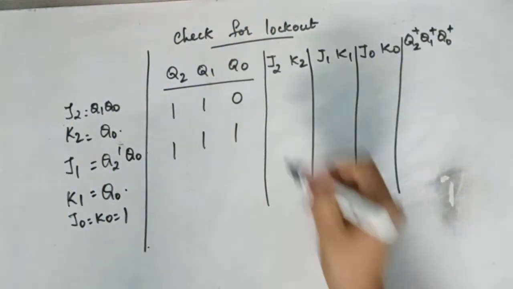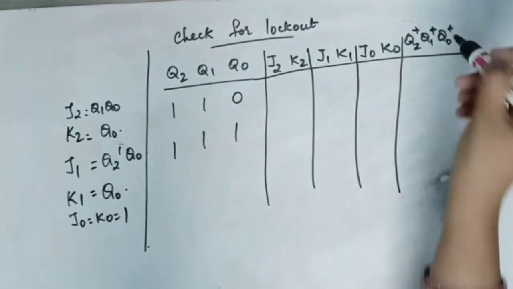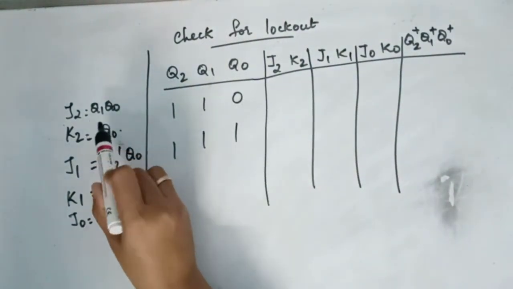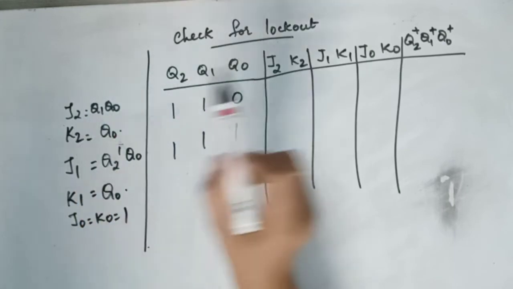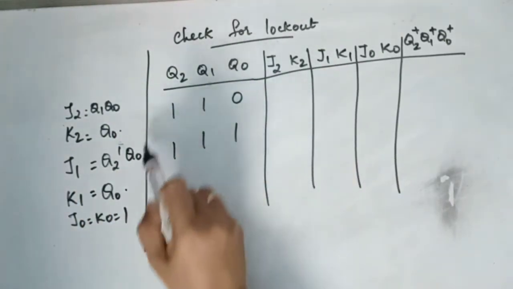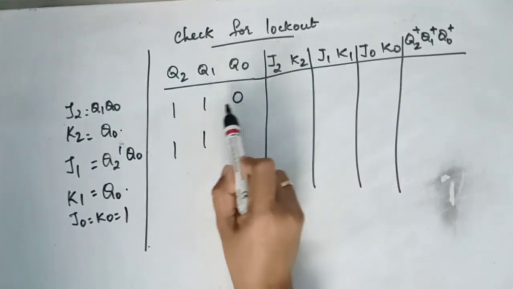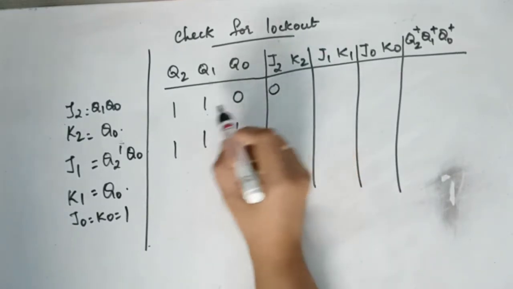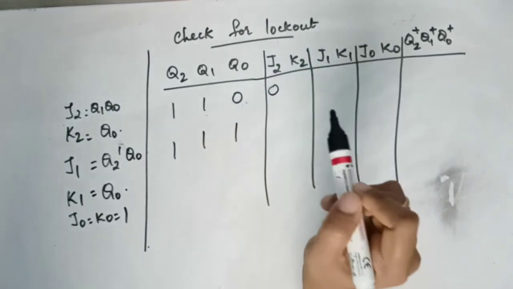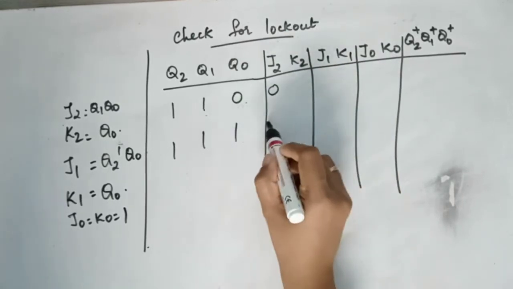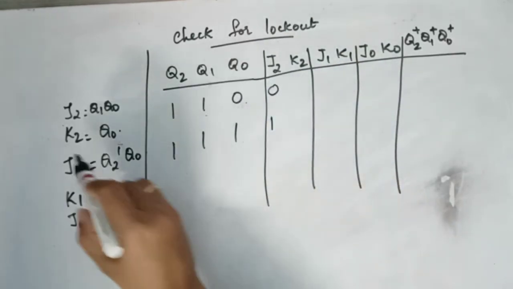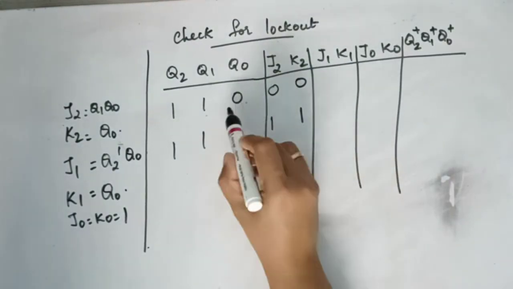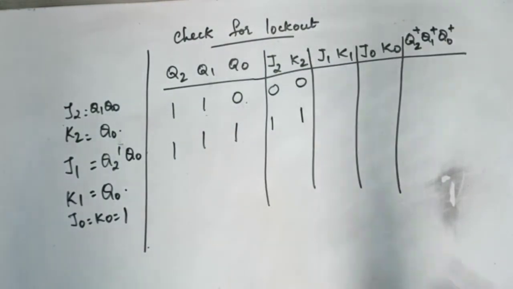So from J2, K2, from this, Q1, Q0 is J2. So we'll take this Q1 into Q0. So that is J2. So 1 into 0, 0. Here it is 1 into 1, 1. K2 is Q0. So that is 0 here and 1 here.